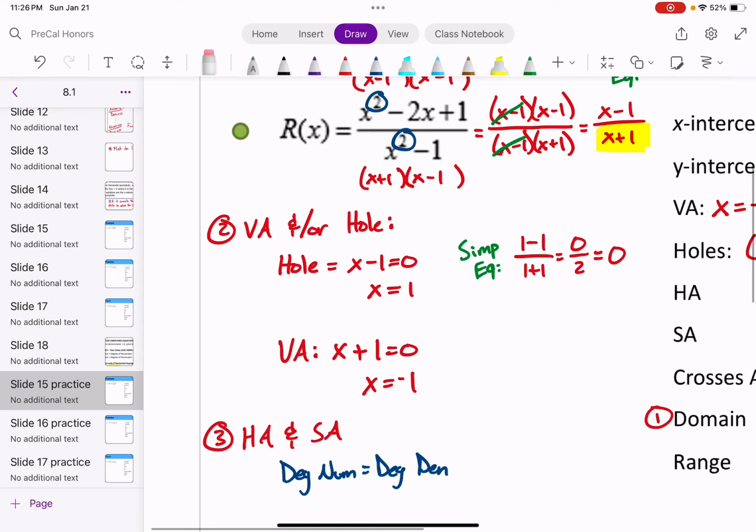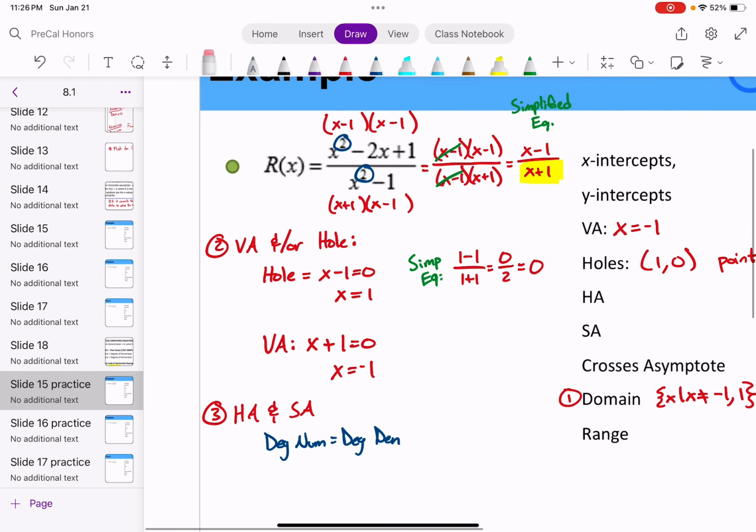So let's look back at our equation. Notice the coefficient is a 1 over 1. So our coefficient is 1 over 1, which means that y is equal to 1, and that is going to be for our horizontal asymptote.